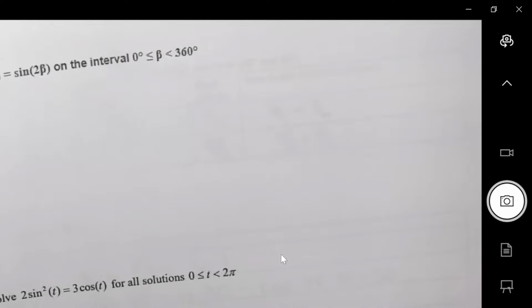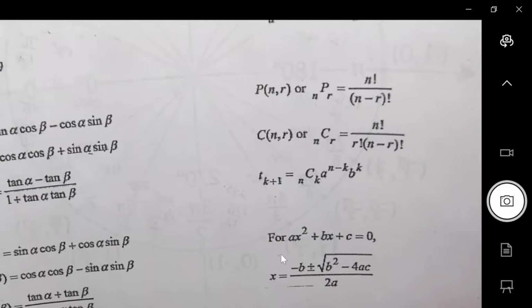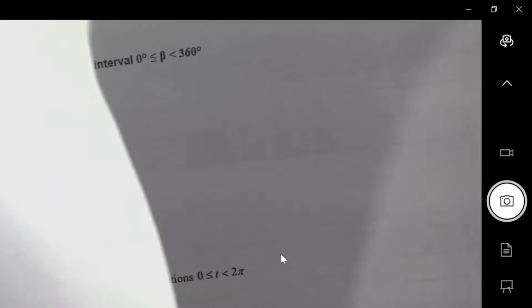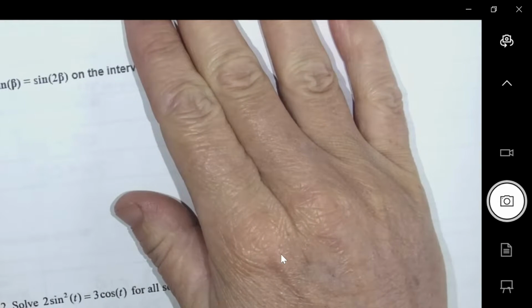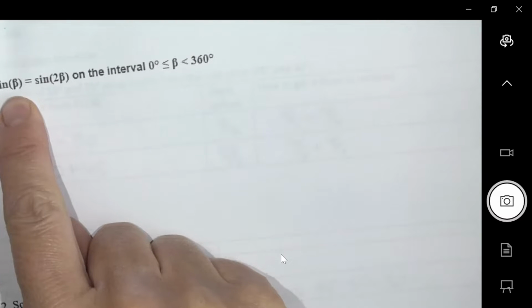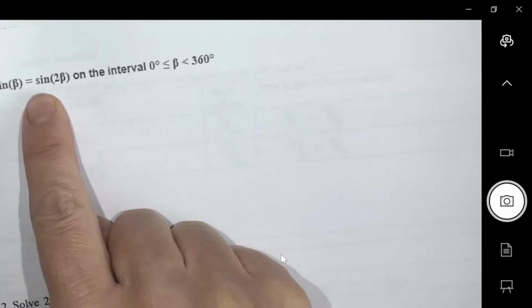Okay, I have my formula sheet here. When I look at this, I'm going to replace formulas where needed. The sine of b, that's normal. The sine of 2b is not something that I'm going to work with.